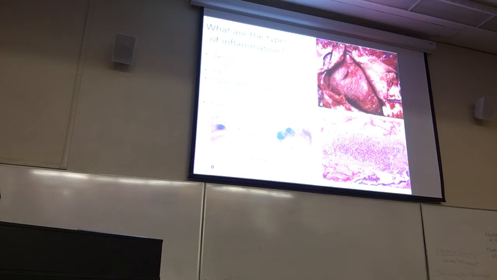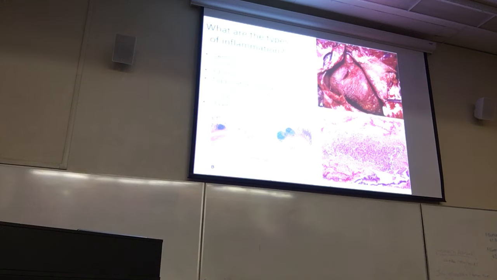With serous, we have a watery, protein-poor fluid. And we see this most often as evidence in a blister. So evidence of a blister is that serous fluid as a result of that serous inflammation.